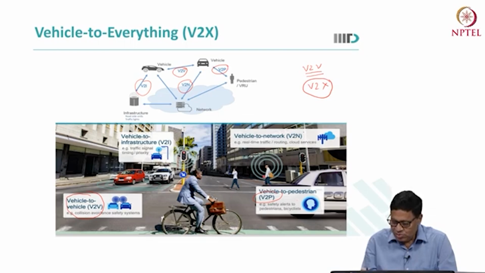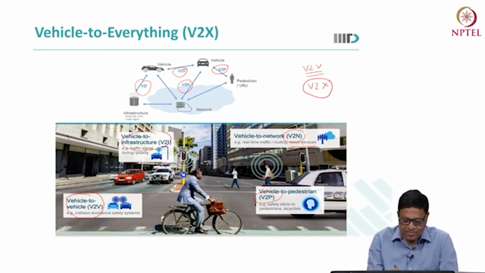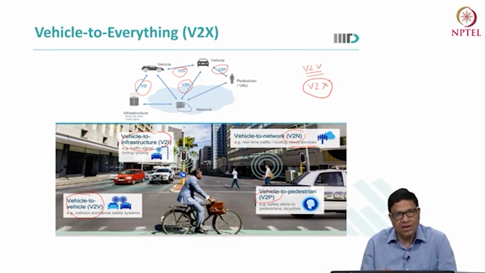And then you have vehicle to network, so you get real-time information on traffic and routing, and the information is processed in the cloud. And then accordingly, appropriate decisions are taken. And then vehicle to infrastructure, for example, timing of traffic signals, and which vehicle should be given priority. So all those things are covered under these applications. So it is no longer V2V, it is V2X.